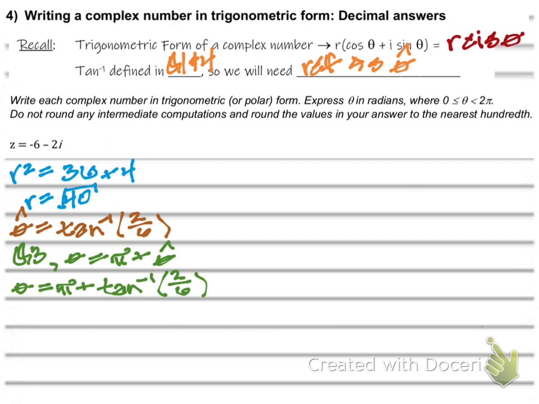So let's see, my r value is the square root of 40, and they told me to round to the nearest hundredth, so 6.32 cis. Let me make sure my calculator is in radians.